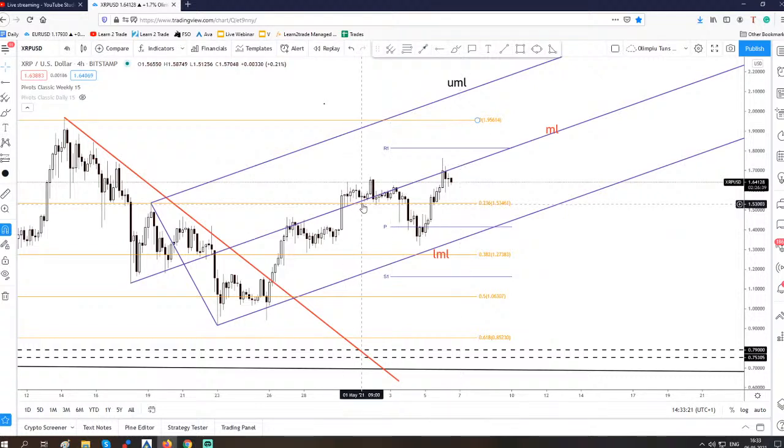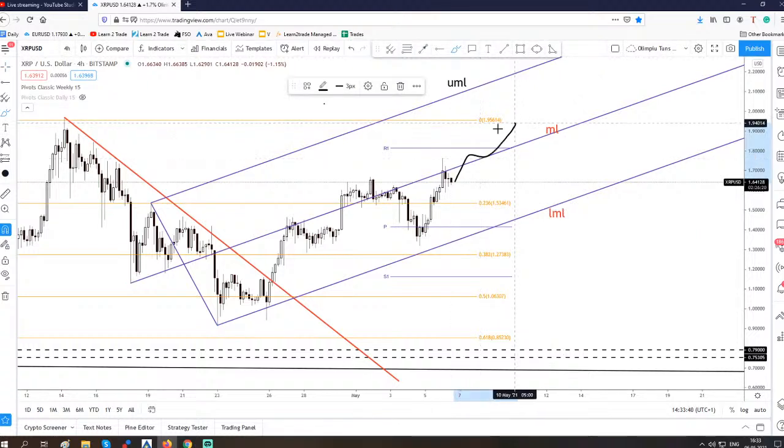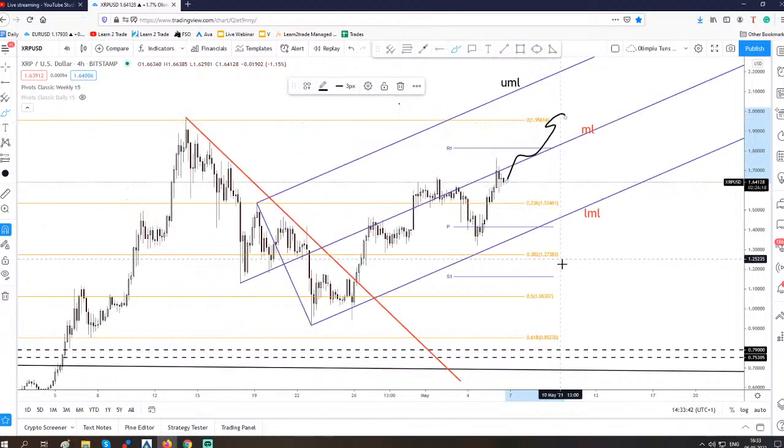It has registered only false breakouts above it, but the bias is bullish after the price's failure here to stabilize right below the weekly pivot, or after its failure here to drop and retest the lower medium line of the ascending pitchfork. So a valid breakout here above the medium line could signal a further growth towards this former higher high, towards 1.9669, guys.